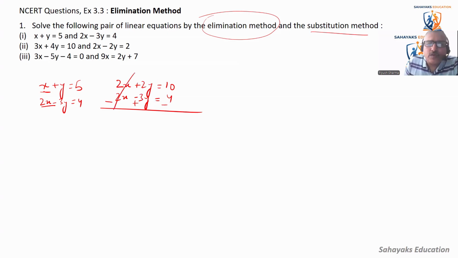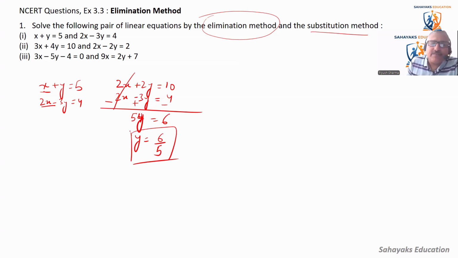2y plus 3y is 5y, and is equal to 10 minus 4 is 6. So the value of y is 6 divided by 5.